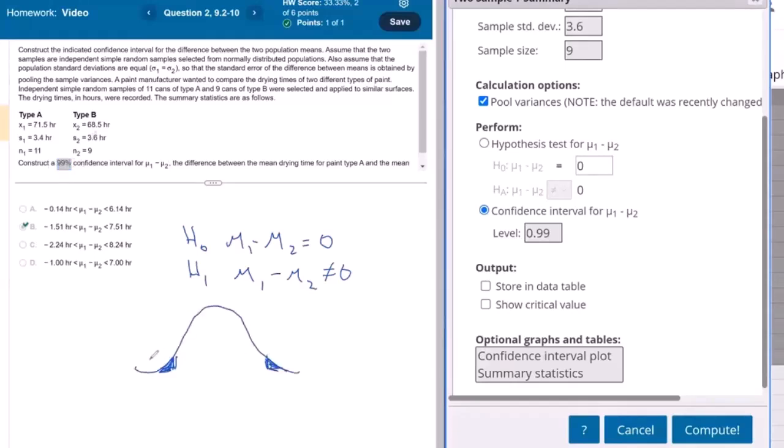If it's 99%, we have 0.005 over here and 0.005 over here. If I do it with two tails, I multiply it by 2, and I get our significance level, which gives us our confidence interval. If I have a one-tailed test, let's say it was greater than, then this would be 0.01. And because I have two samples, I would also multiply this by 2.